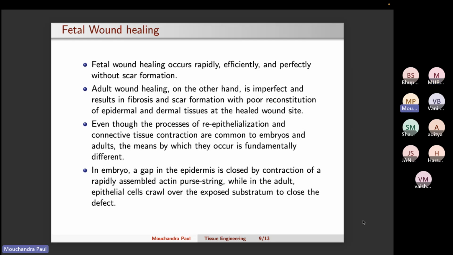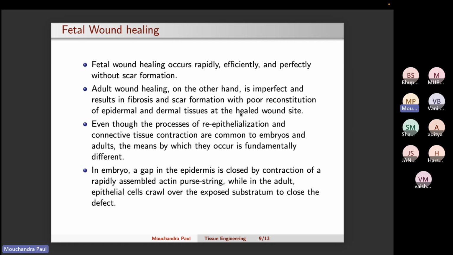So now let's discuss fetal wound healing. Fetal wound healing occurs very rapidly, efficiently, as well as perfectly without scar formation, whereas adult wound healing is imperfect and results in fibrosis and scar formation, with poor reconstitution of dermal and epidermal tissues at the healed wound site.